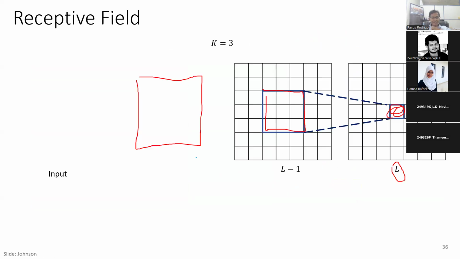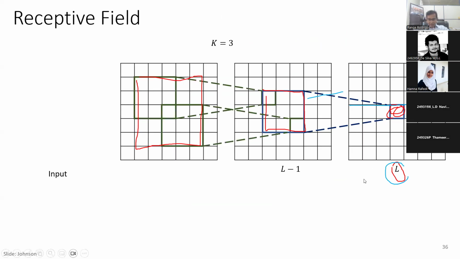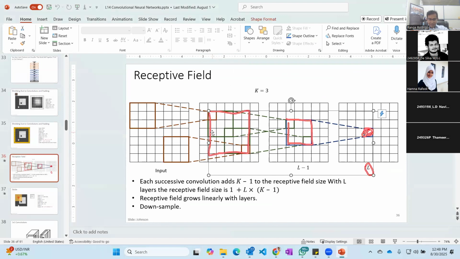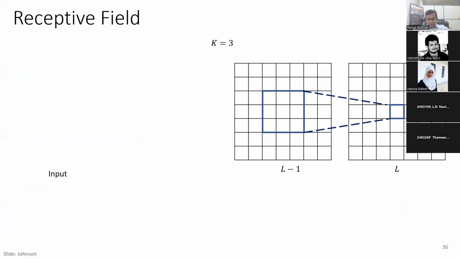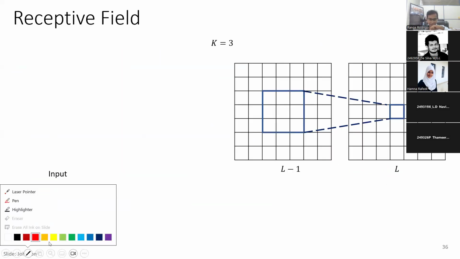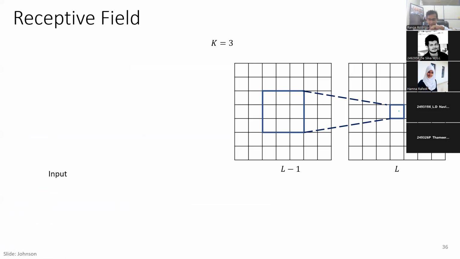Okay, so the padding size is fine. Now let's look at the so-called receptive field size. That means when you are going through layers up and up, if you take layer L, this element here, if the kernel size is 3, would have resulted from the whole 3 by 3 window here, right? 1 gives rise to 1.